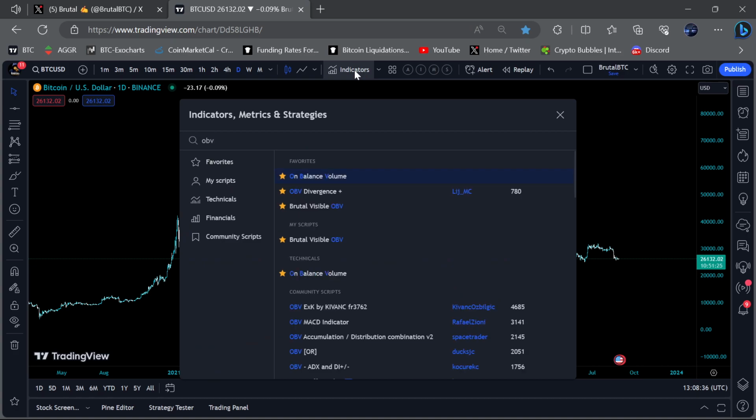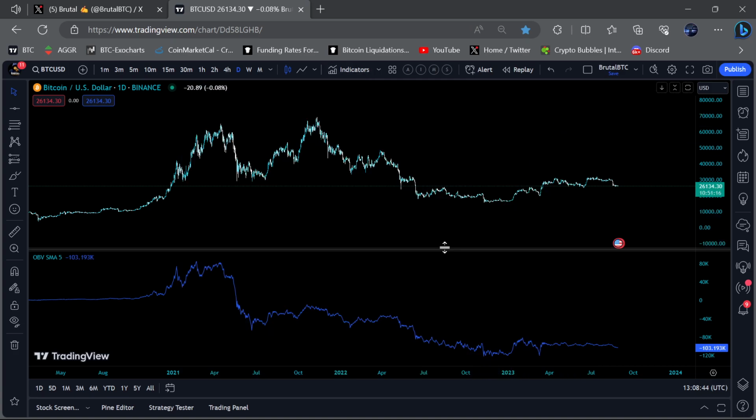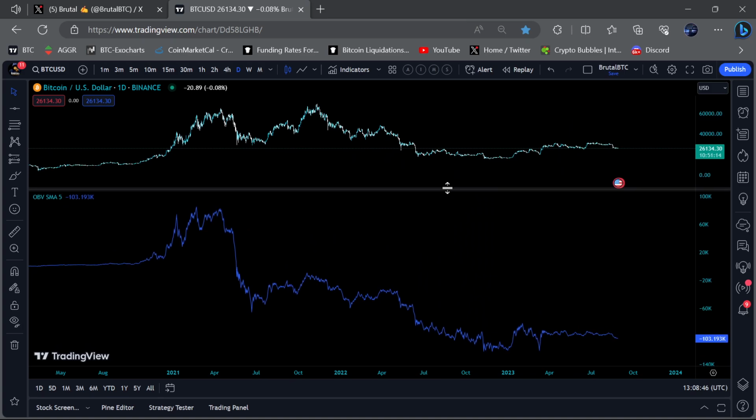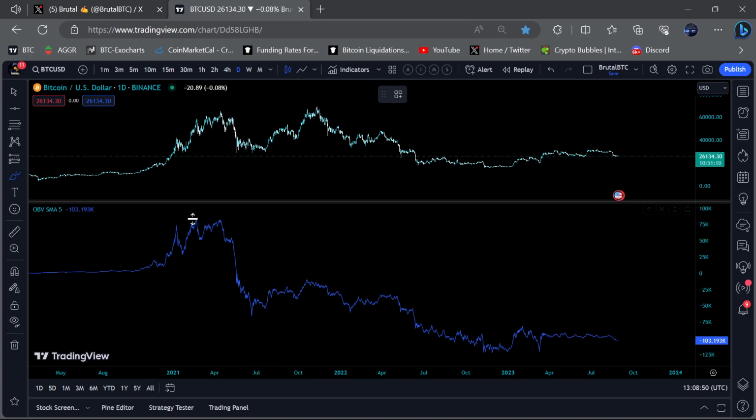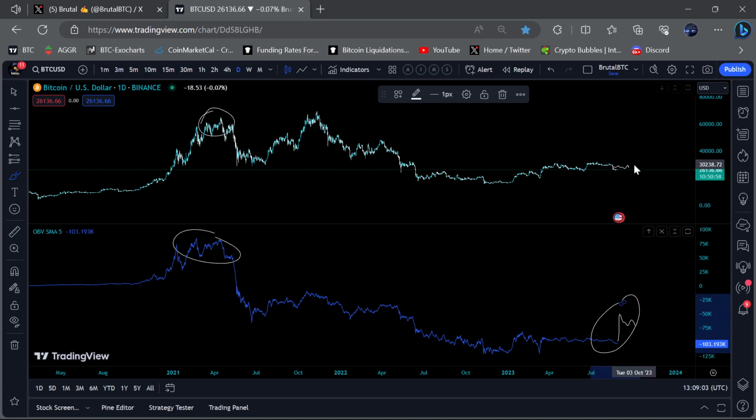Another tip: go to indicators and search for on balance volume. Look at this, the on balance volume is not as high as we had seen in the past over here. Whenever this jumps like this and the price remains the same, that means a lot of volume is coming into the market, so the market can start moving back up.